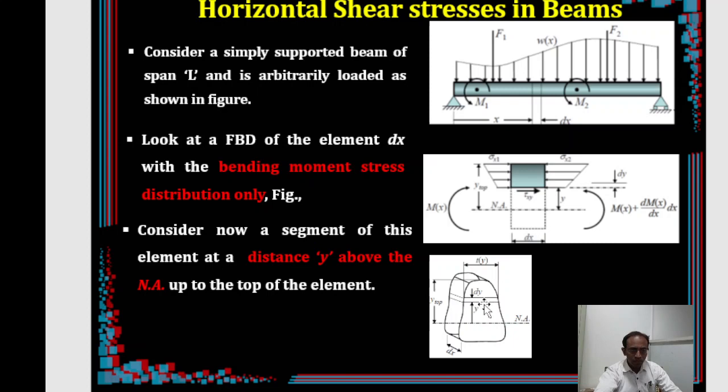Consider a small strip dy, and the width of the section at this particular depth y is say t(y). This is from y to the last extreme fiber, say top, y to y top. That means both are measured from the neutral axis, right?